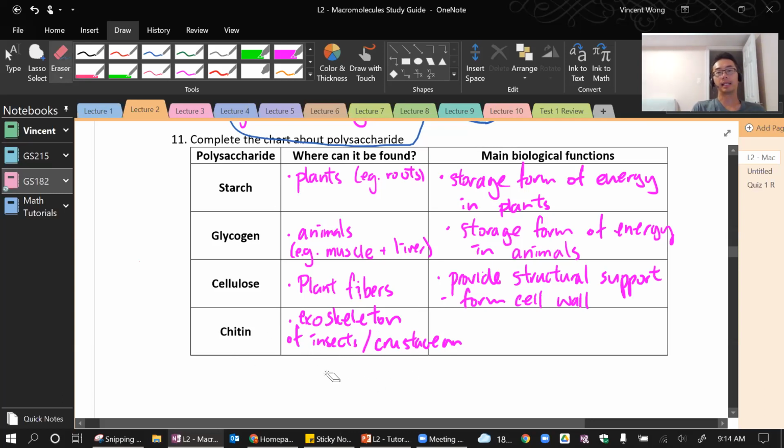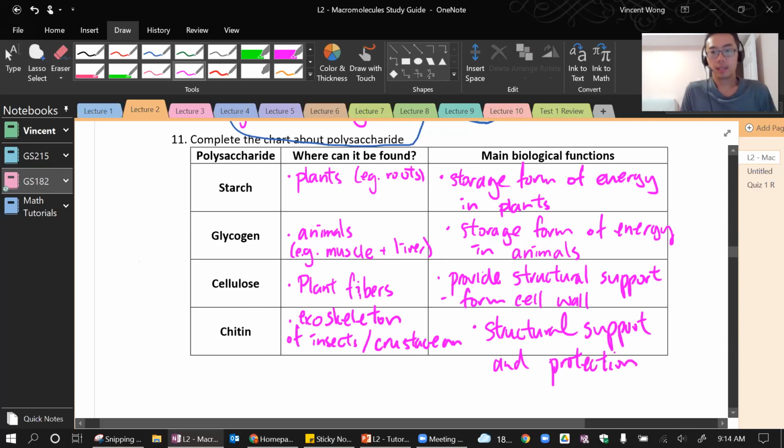Okay, and that's one of the key structures of chitin. So what do they do? Well, obviously, because it's exoskeleton, it provides structural support and protection.